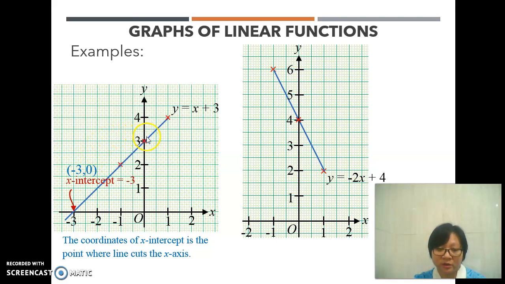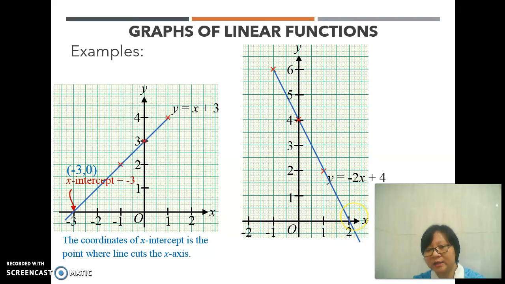The coordinates of the y-intercept is this here, 0, 3. Okay, for the second example, the second graph, see the line is not long enough, so we need to extend the line until the line cuts the x-axis.